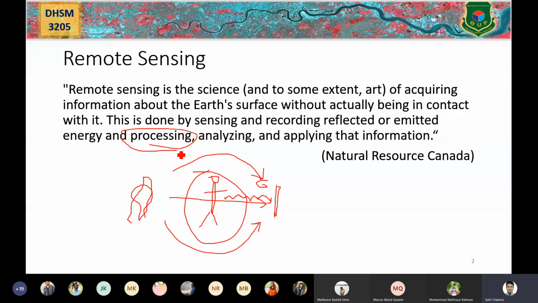So it doesn't really matter what you write, as long as you write the main idea: that it's a science, sometimes art, and that it senses something without being physically in touch. That could be Earth's surface or anything. Okay, for example, sonar. So sonar technology is part of remote sensing. Ultrasonography is remote sensing in some ways.